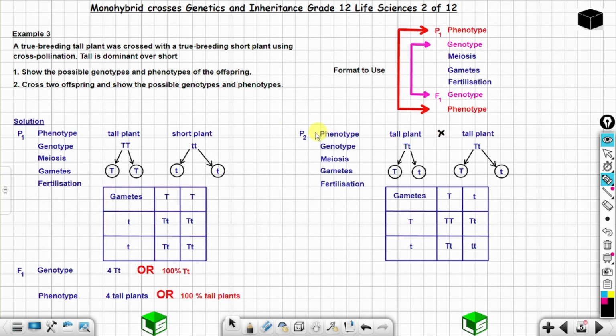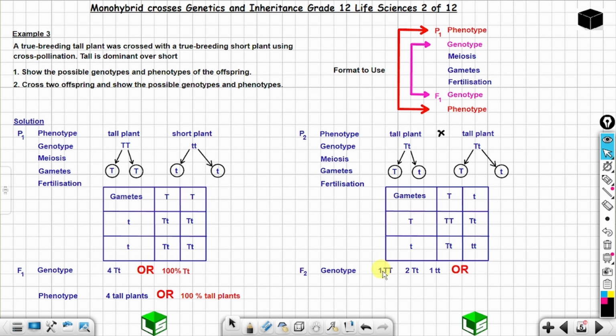After you have crossed these ones, you are going to have F2. You are going to have your genotype. You've got one of this, and then two of this, they are the same, and then one of this. You can also write this in percentage depending on the question. So you've got one of this.